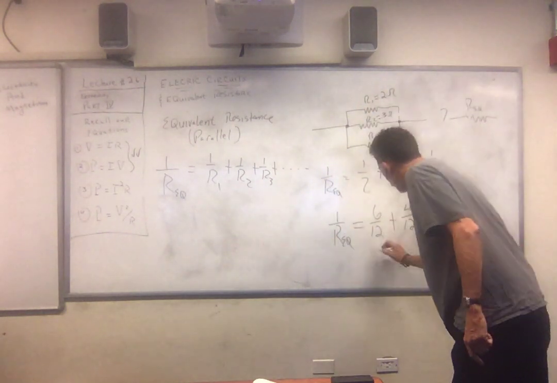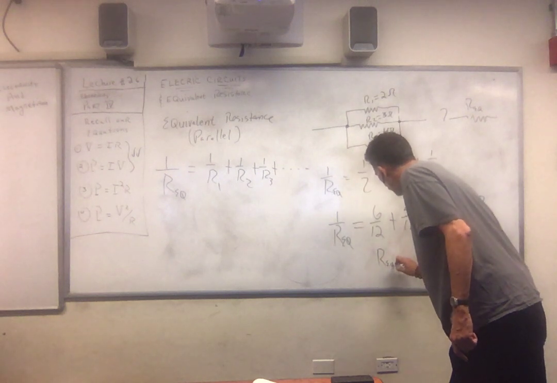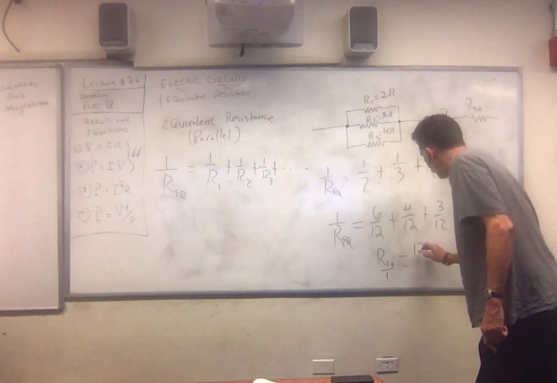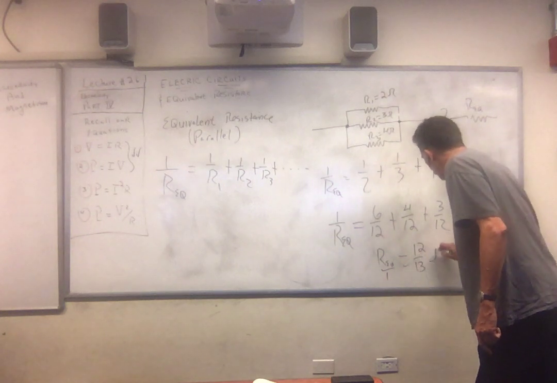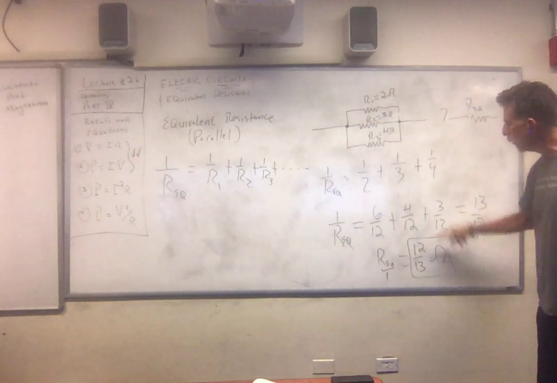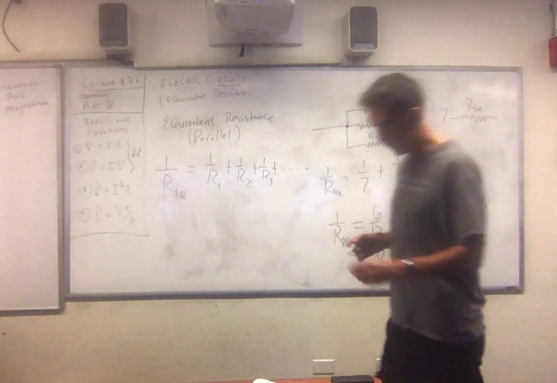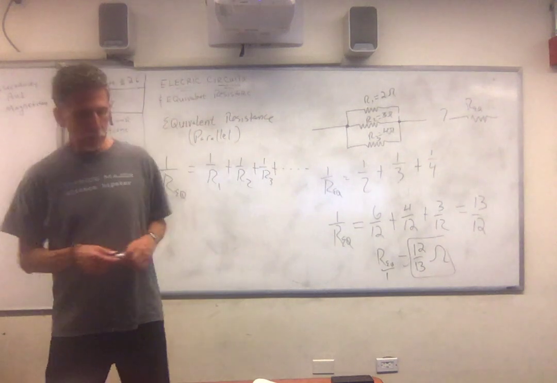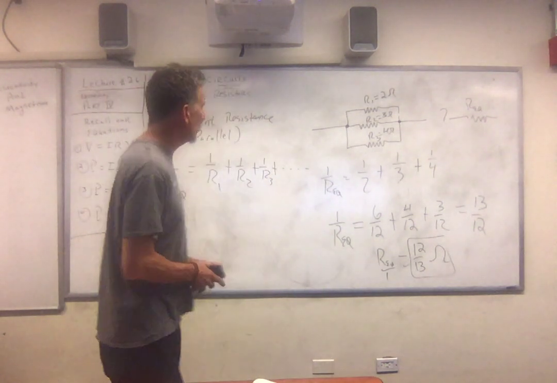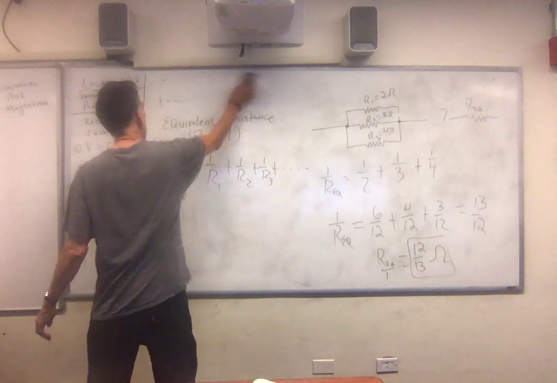So R equivalent over 1, if you want to just flip it, is equal to 12 over 13 ohms. That's the answer. Not 13 over 12, 12 over 13. You need to flip it. Okay? So resistors in series, you just add them. Resistors in parallel, you add the inverse.